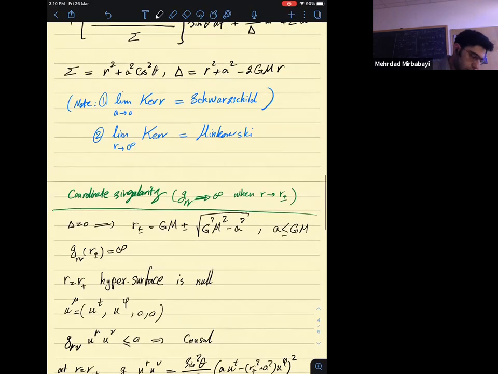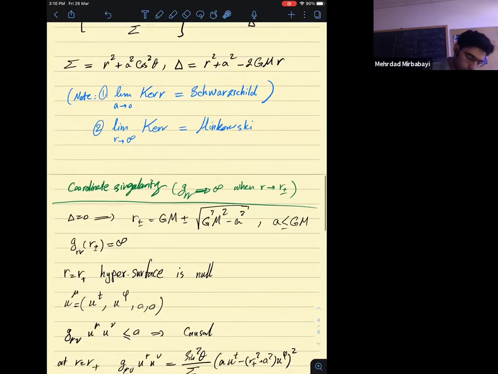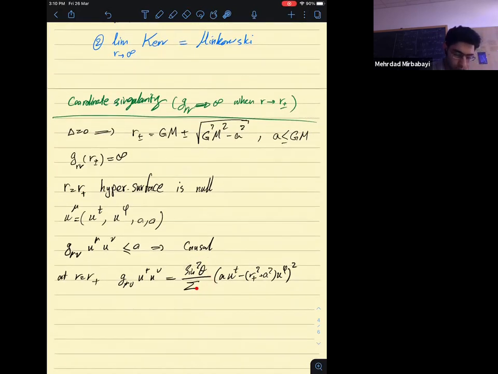Let me just remind you, Σ at r equals r plus is a positive definite quantity, so this is just a positive overall factor. What we see is that this normalization of the 4-vector is actually positive or non-negative. It can be 0, but it cannot be negative. So that's why this hypersurface is a null hypersurface. I cannot have any timelike curve in this hypersurface. I can only have null or spacelike curves in it.